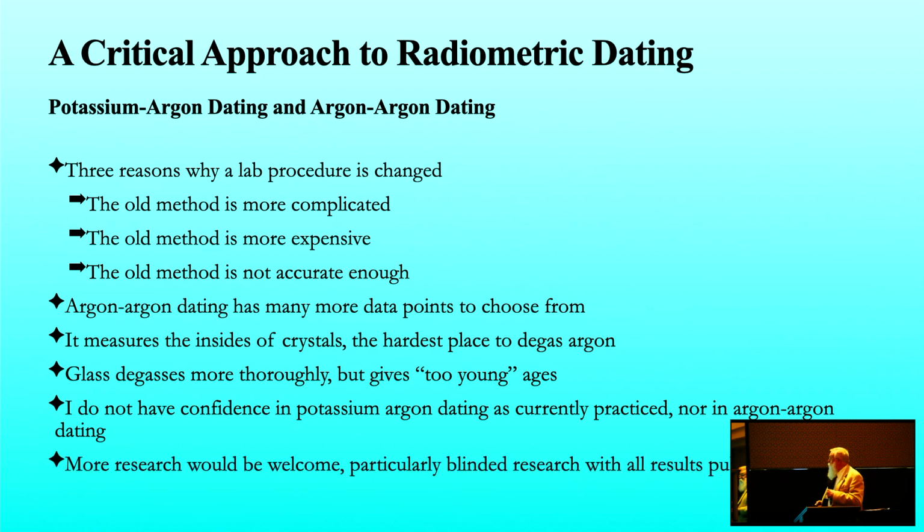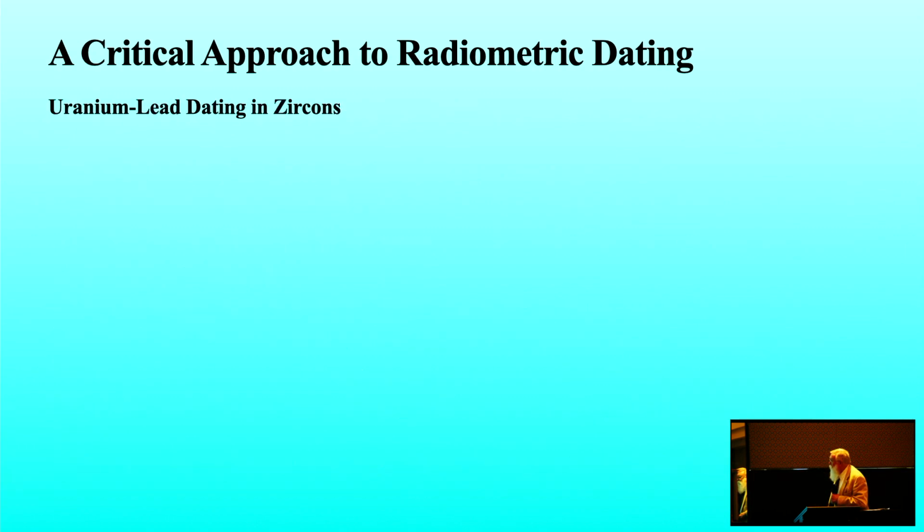More research would be welcome, and we really need blinded research with all the results published. That's how you do it in a medical research program. If we have 100 patients that we're doing a drug test on, we can't just throw out 50 of them and not count them. That's considered poor practice if you really want to know the truth.